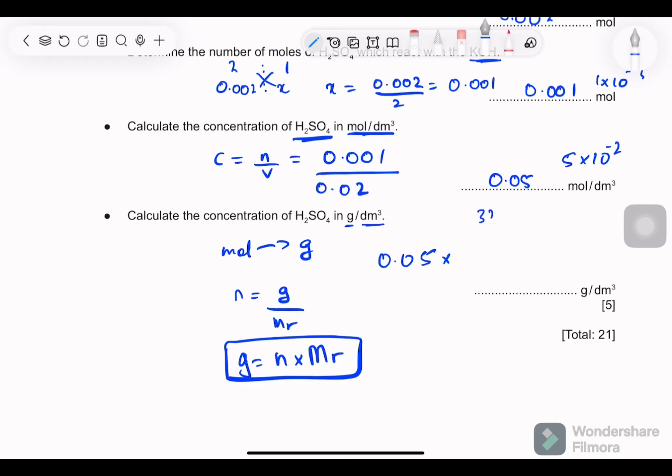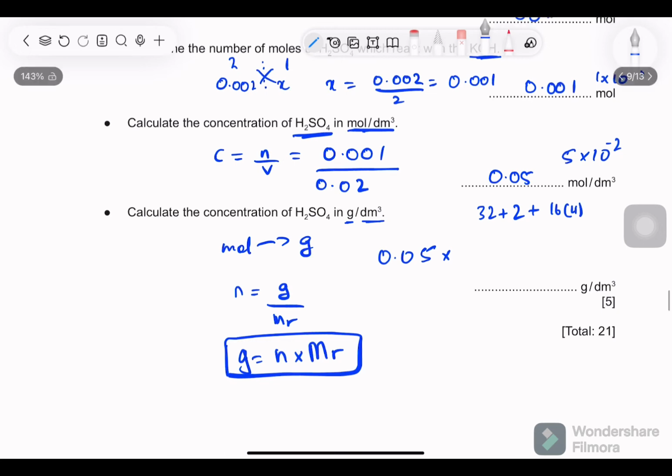So 32 plus 2 for hydrogen plus 16 times 4 for oxygen. This should give you 98, the Mr, the molecular mass of H2SO4. When we multiply this, we get 4.9 grams per dm cube.